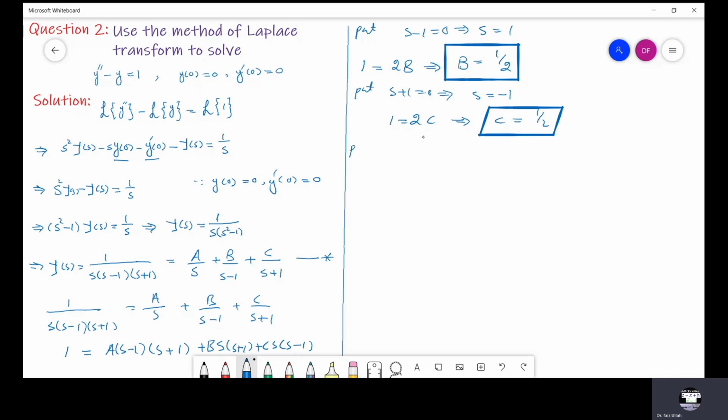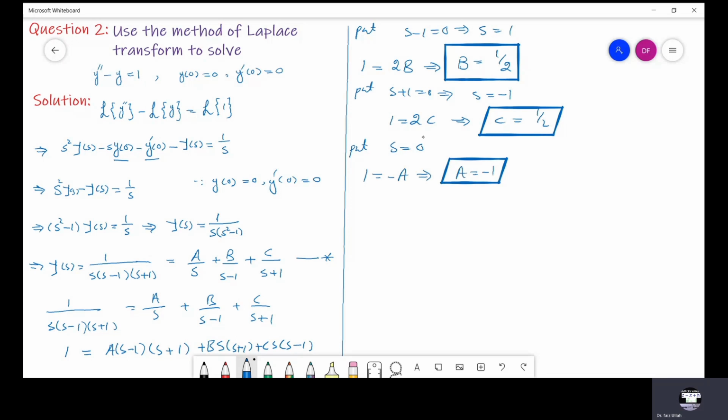And now let us put the other value, which is s equal to 0. So we can see the last two terms will be 0, and from the first term we get minus a, which gives that a is equal to minus 1. Because if I put s is equal to 0 in the first term, I get minus 1 into a.